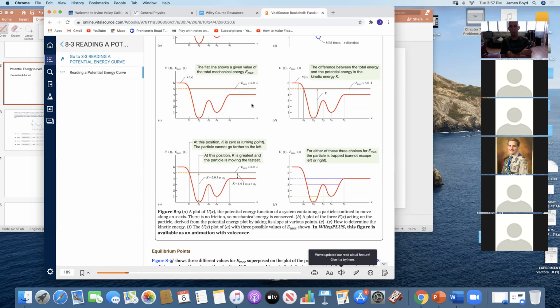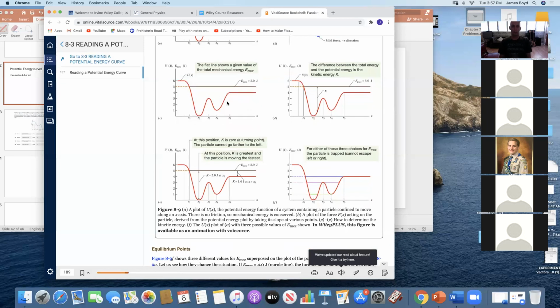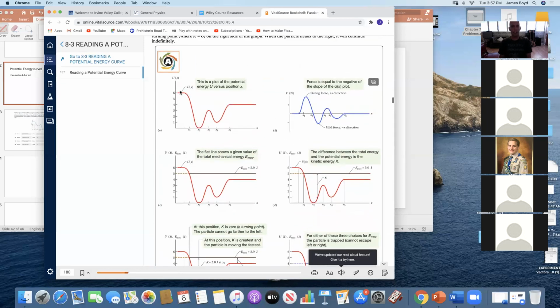But then what you do is the mechanical energy is the kinetic energy plus the potential energy. So let's say that this is your potential energy diagram, and we're going to start at, let's say, point E5 heading to the left with 5 joules of mechanical energy.